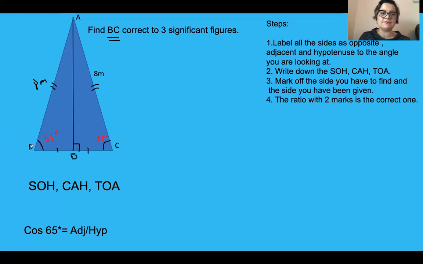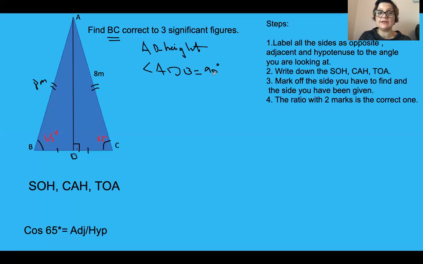Right, so we have triangle ABD. It's a right angle triangle because AD is a height. Write down height. So angle ADB equals 90 degrees.